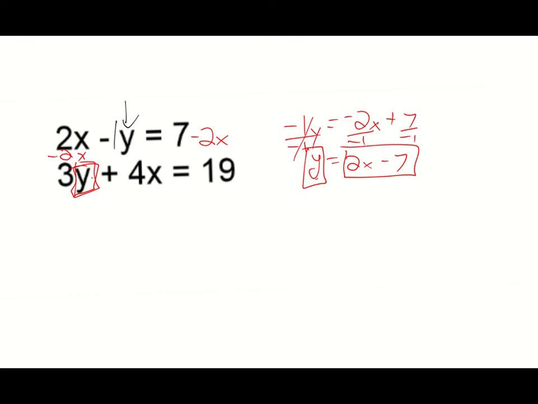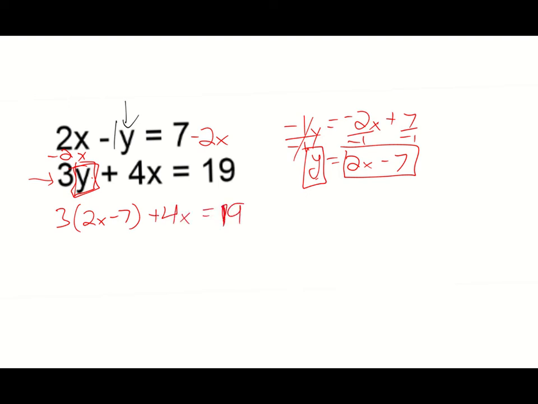The reason I want to do that is because I'll get one equation with only the x variable in it. There won't be any y's, we'll have one variable, and we can solve it like normal. So rewriting it, it would look like 3 times y, but y is really 2x minus 7, and then plus 4x equals 19.